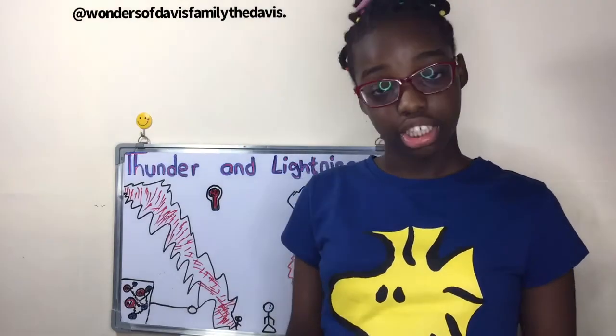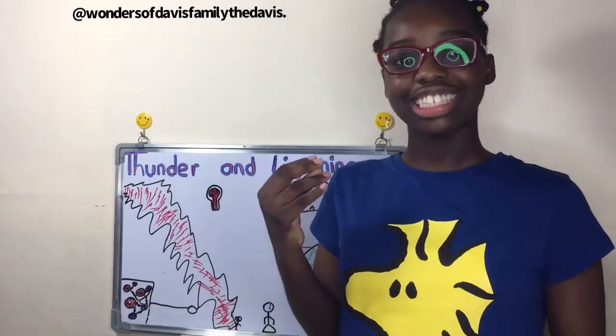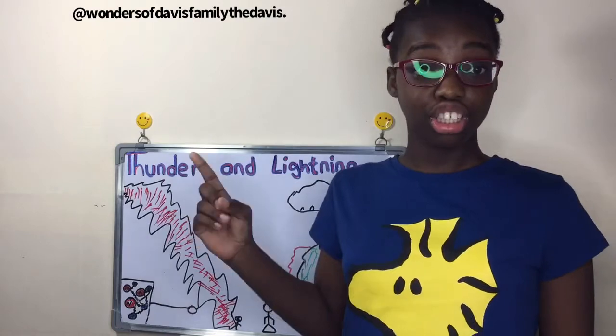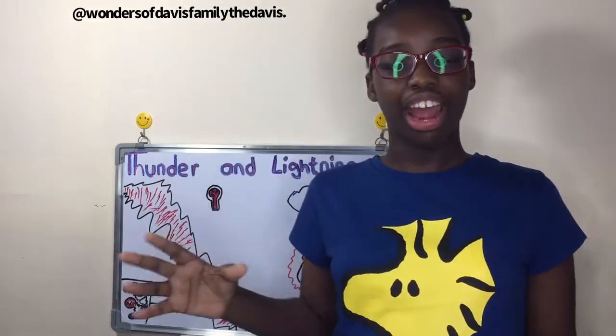Now, you might be asking, how is thunder made? This handshake is so hot that it's 5 times hotter than the surface of the sun, and it heats up all the air around it.